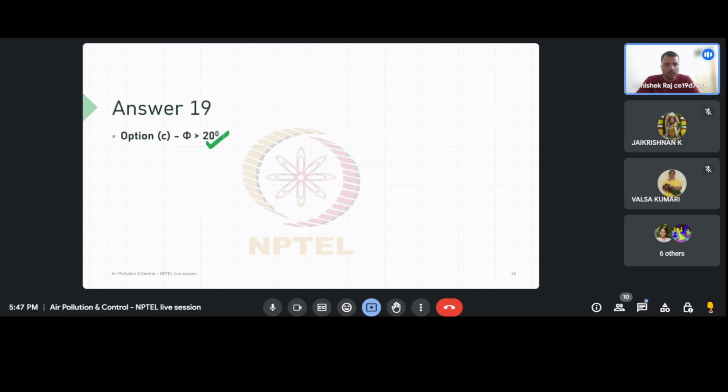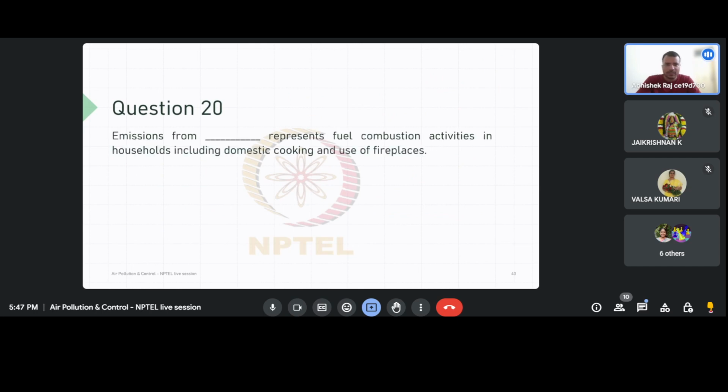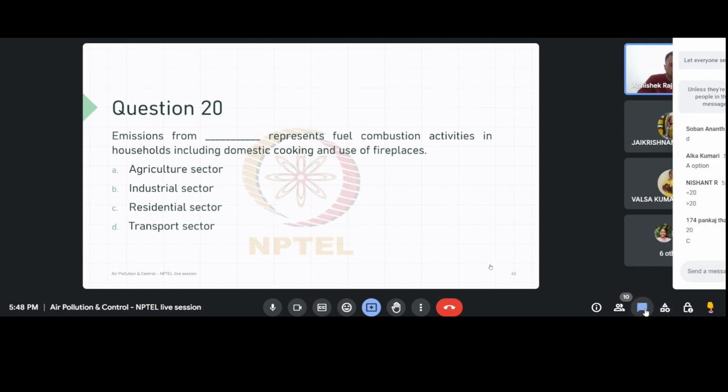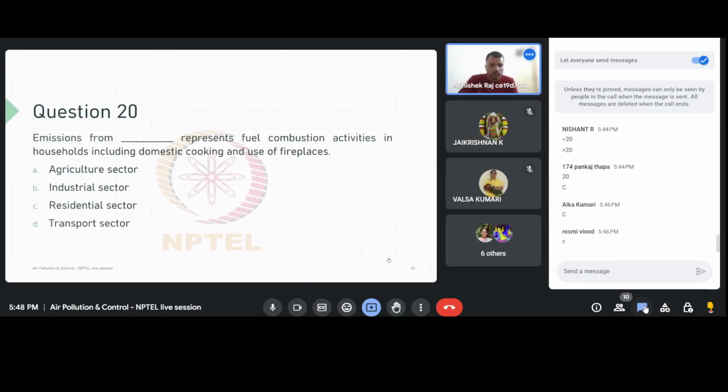This takes us to the last question for today's session, question number 20. A relatively easy question. Emissions from what sector will represent the fuel combustion activities in households, including domestic cooking and the use of fireplace? Agriculture sector, industrial, residential, and transport. Maybe we can have some quick responses for this.